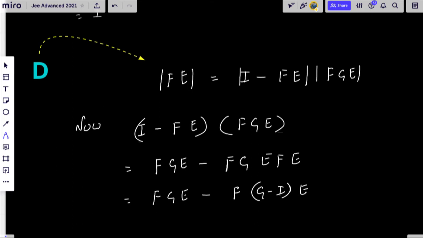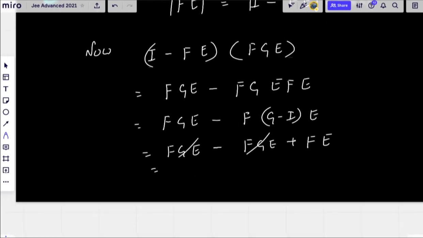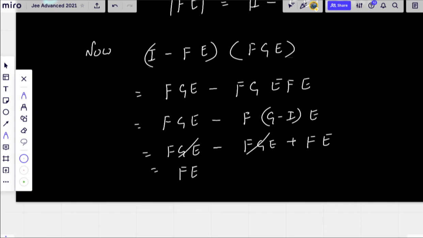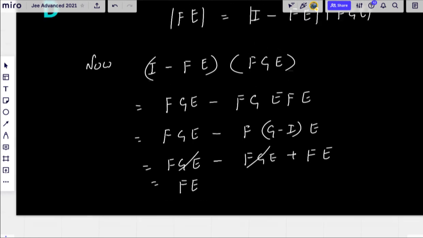So what we think about this one is FGE minus FGE, and that is plus FE. So this will become plus FE, and now this is related with this. So finally, what is left is FE, and that's all. So you can see that this option is also correct.